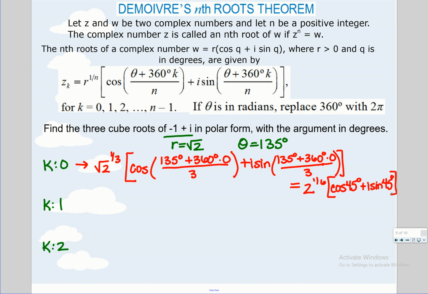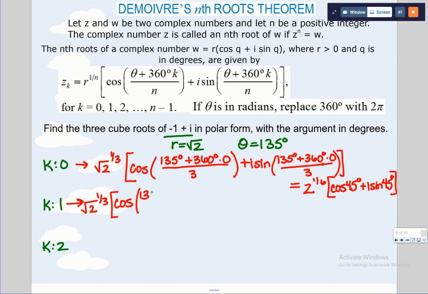The only thing that's going to change for the next 2 problems is the K value. So now I'm still going to have a square root 2 to the 1/3 power, but in this one, my K is 1. Cosine of 135 plus 360 times 1 over 3, plus i sine 135 plus 360 times 1 over 3.